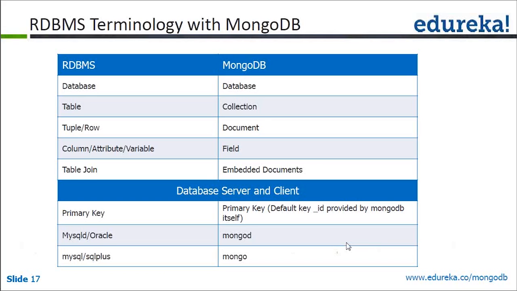As far as primary key is concerned, MongoDB has a primary key, and for MongoDB the primary key is the _ID field. We'll see that also. It is a mandated primary key in MongoDB. In RDBMS, we might have some tables which don't have any primary key.